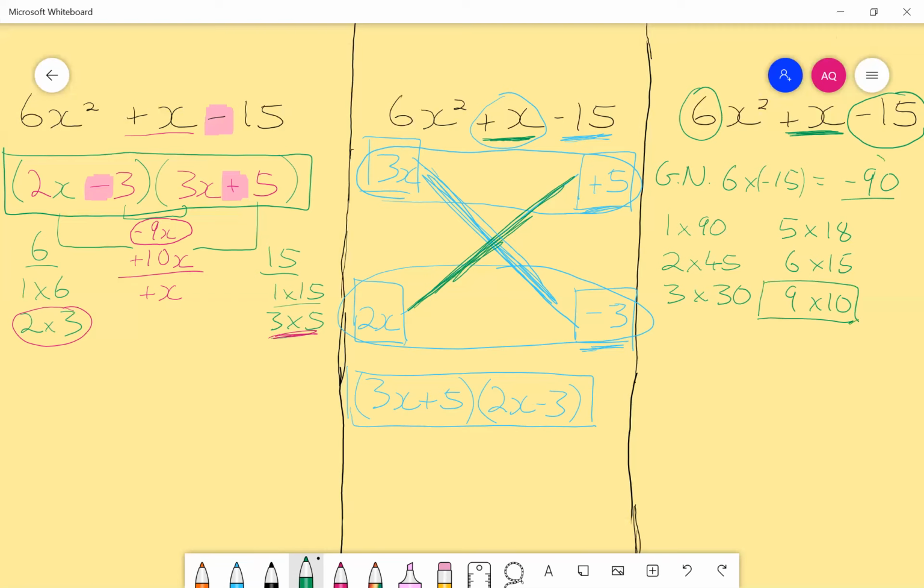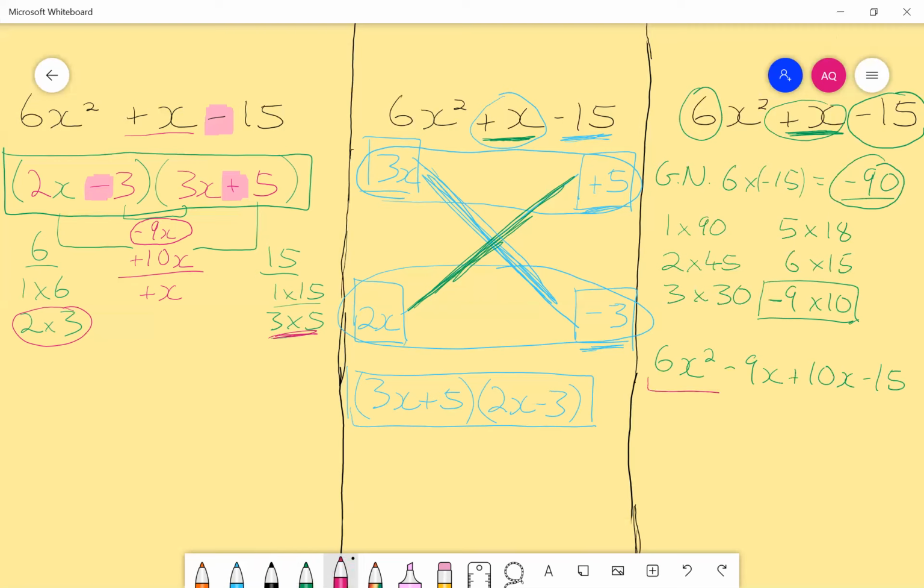And now we did want minus 90, which means one of them is going to have to be negative, have to be a minus 9, because minus 9 plus 10 gives us the plus 1x that we want. So we can then write our quadratic equation as 6x squared minus 9x plus 10x minus 15. So a little bit less trial and error in it.